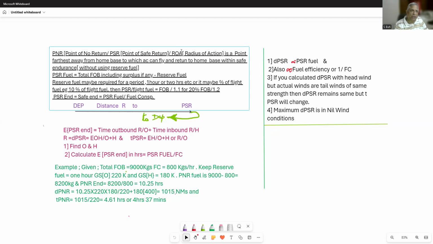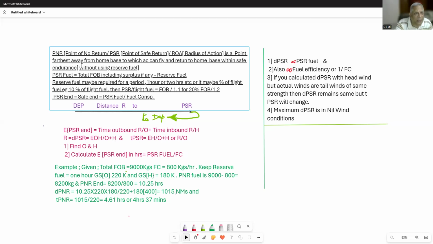Most commonly still being used is even PNR, right? It's a point farthest away from your home base on a particular track to which aircraft can fly and return to home base within safe endurance.